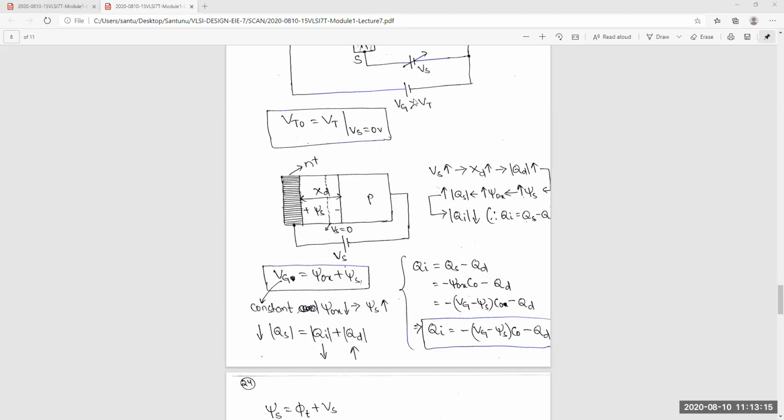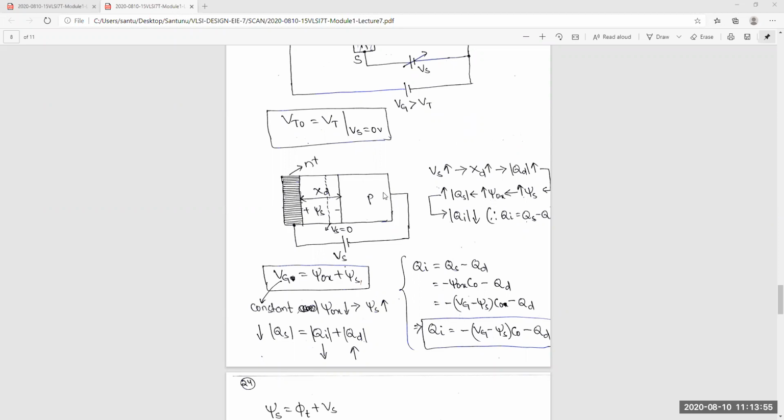So if you are increasing phi S, then phi OX will be decreased. Yes or not? Vg is constant, and Vg is nothing but the summation of phi OX plus phi S. So if phi S increases and Vg is constant, phi OX decreases. I'll change it later.